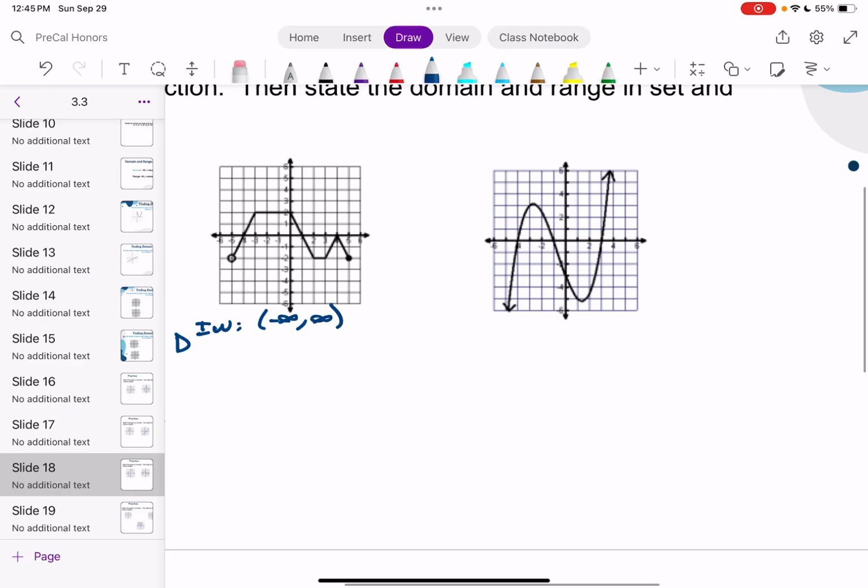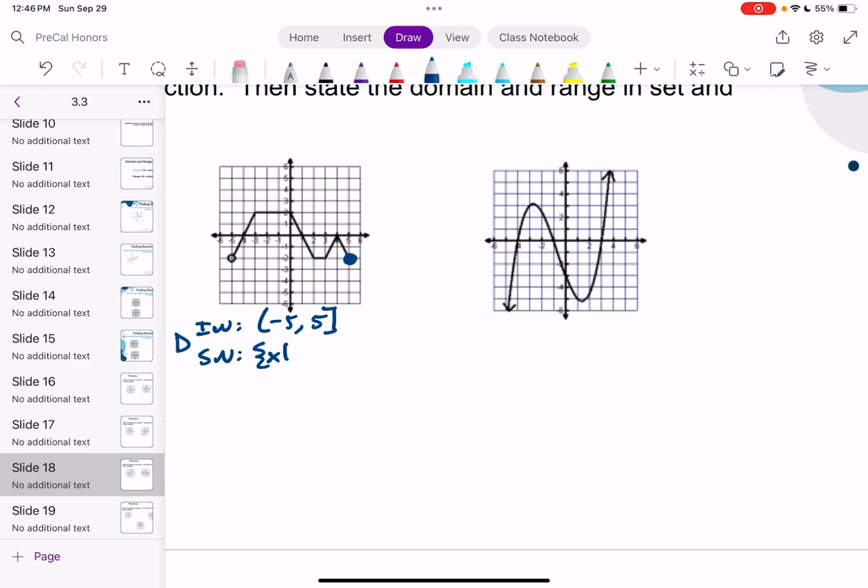Correction, actually, not -infinity. This would be from -5 with a parenthesis up to 5 with a bracket.